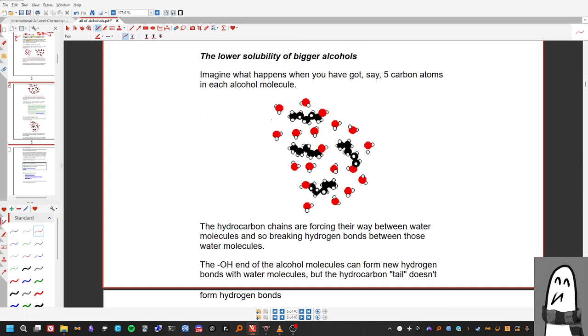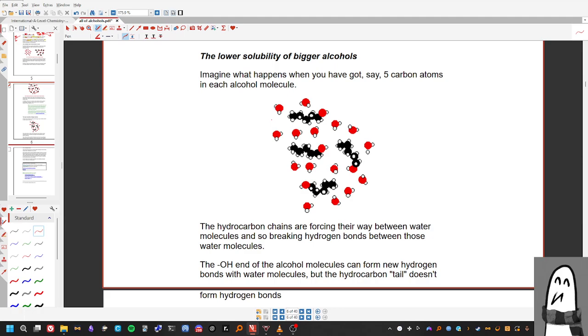Now, the lower solubility of alcohols. Imagine what happens when you have, say, 5 carbon atoms in each alcohol molecule. So we have H2Os, we have carbon chains, and we have alcohols with 5 carbons in each molecule.